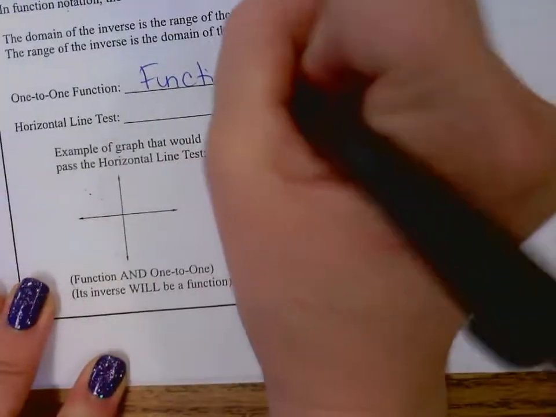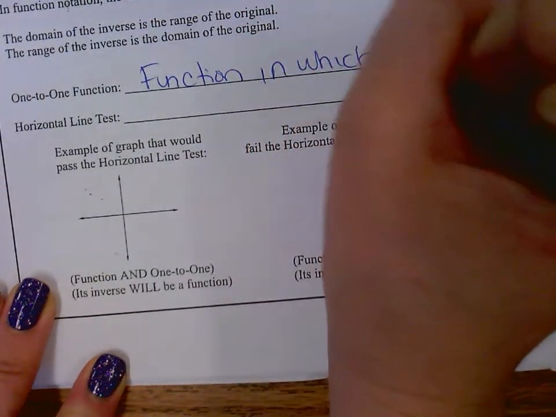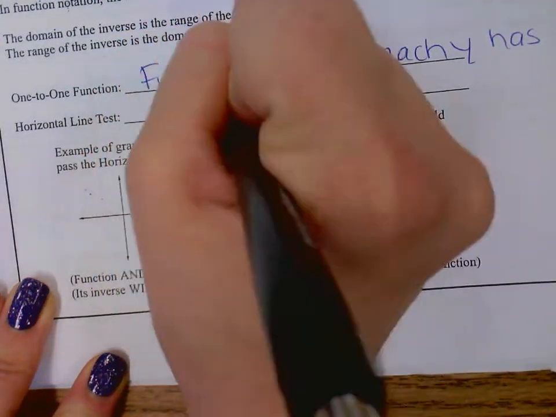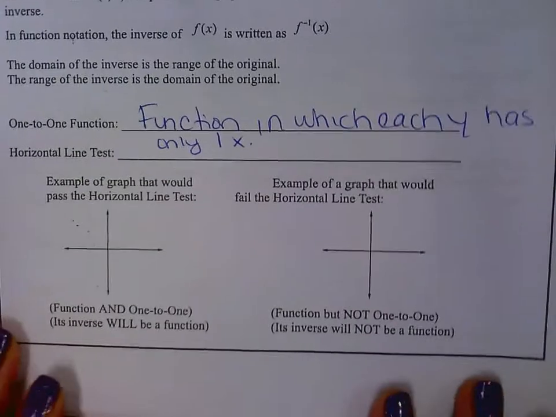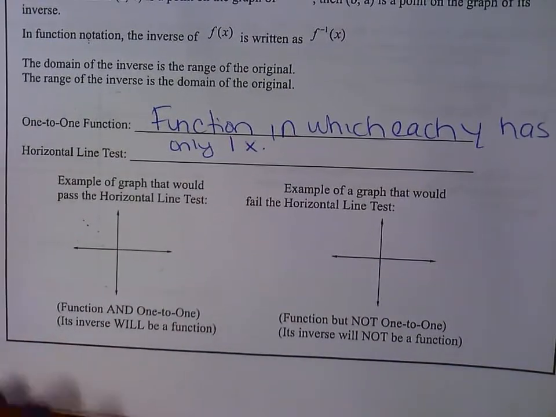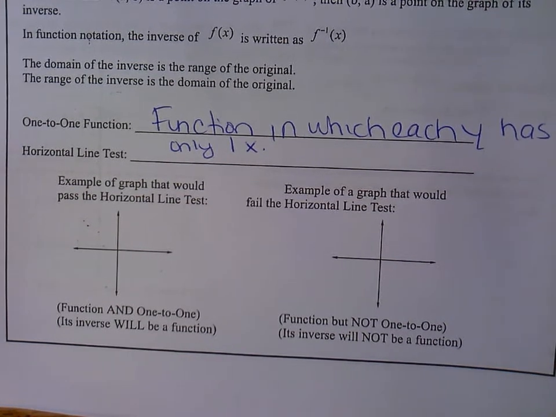But it's a function in which each y has only one x. So now, like Sawyer and Hope, they both can't be in art class. So a one-to-one relationship, like only this x gets to go to this location and only this other x gets to go to this different location.